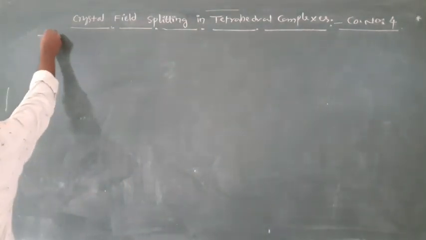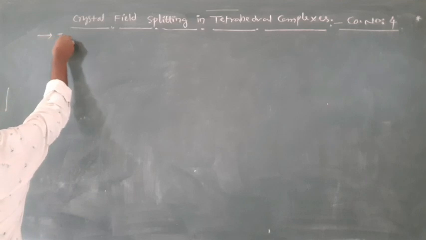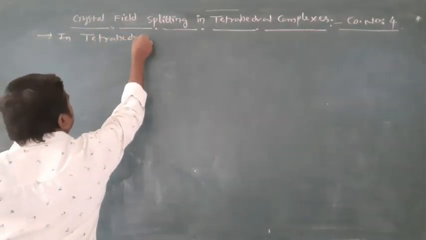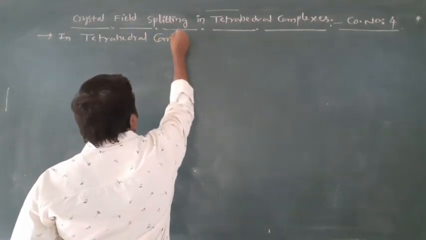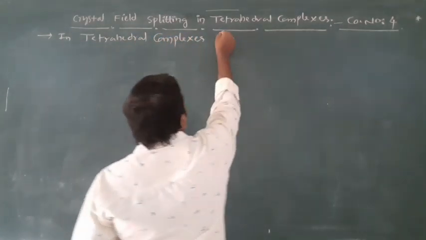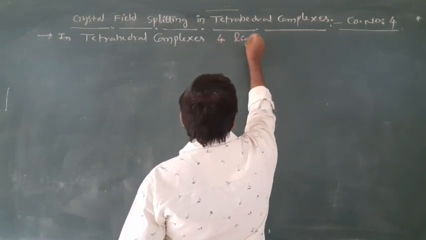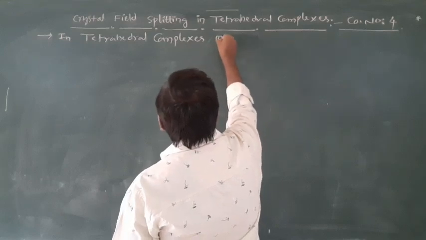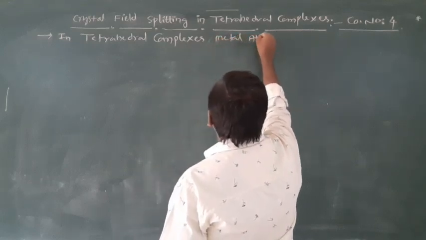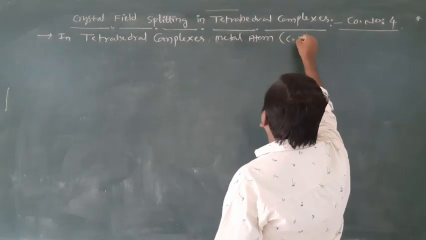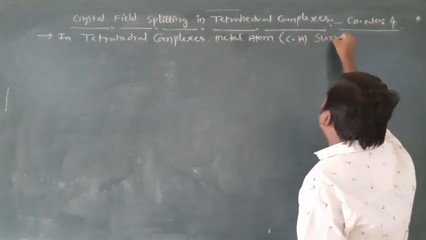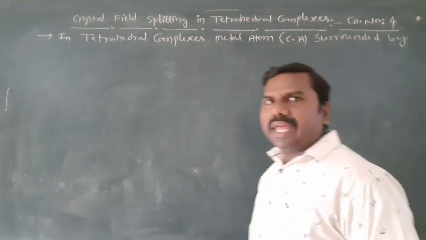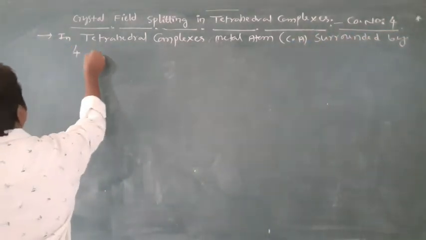First point, in tetrahedral complexes, the central metal atom is surrounded by how many ligands totally? 4 ligands.